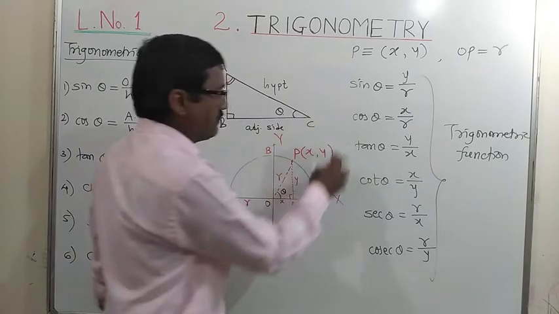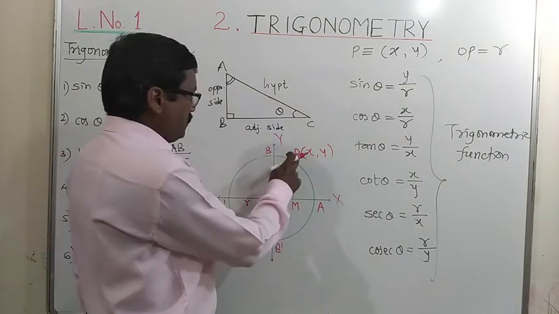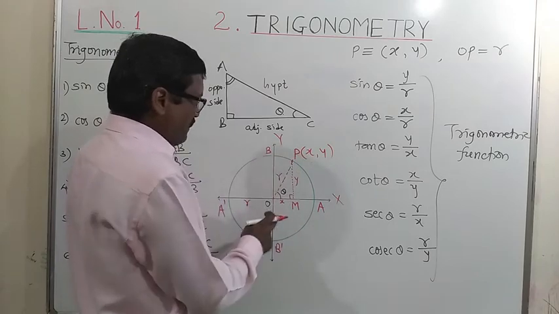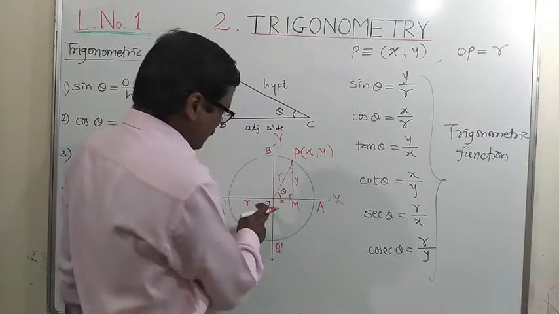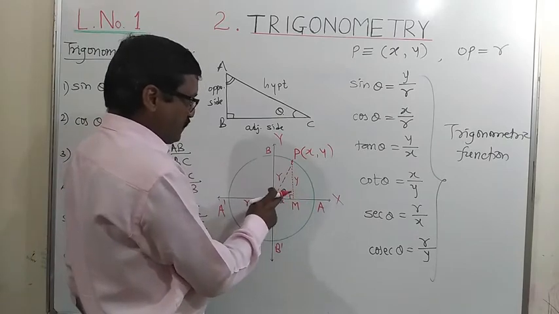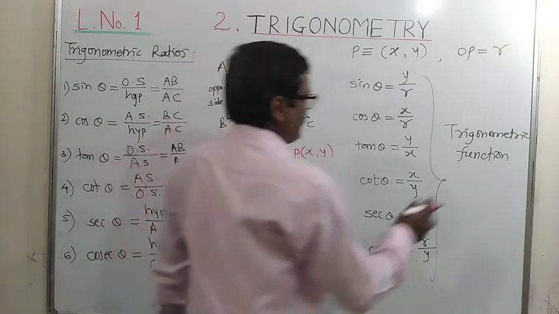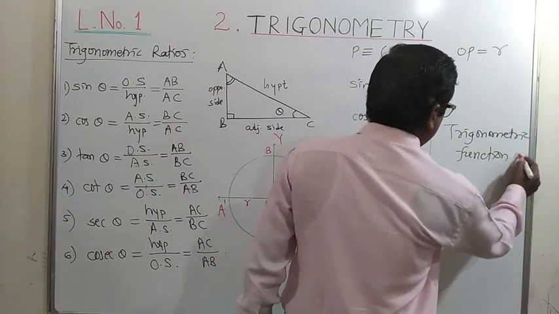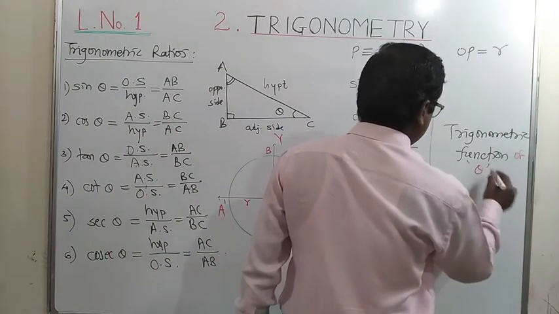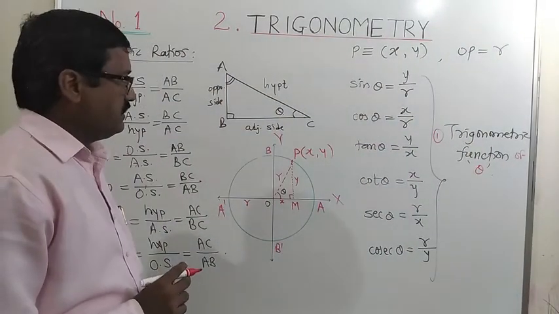So these are the trigonometric functions. For every angle theta, there is a unique point P on this circle which lies on the terminal ray of this angle theta. Therefore all these trigonometric ratios are trigonometric functions of theta.